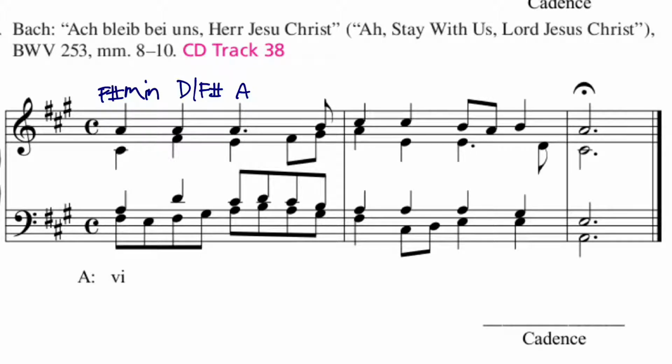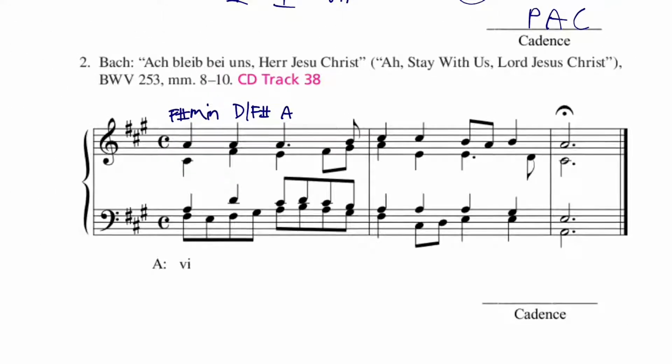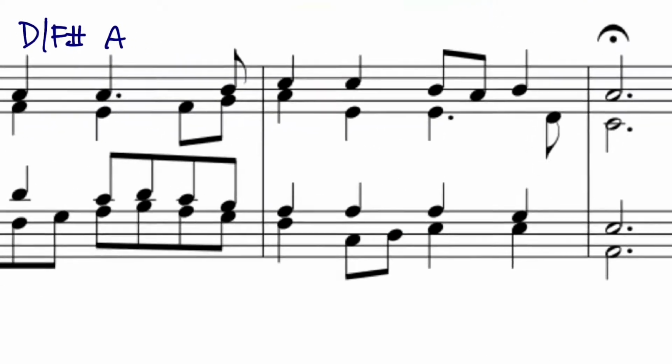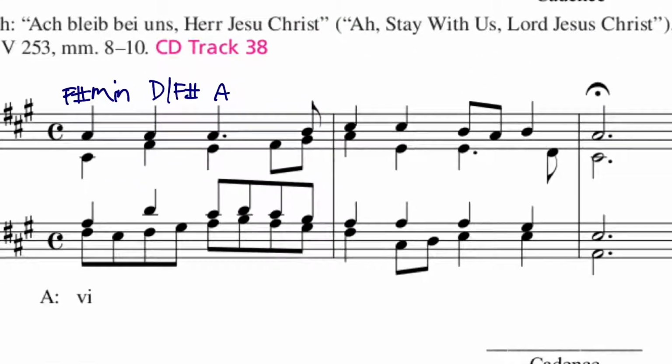Next we go F sharp, A, C sharp. Okay, so F sharp, A, C sharp makes sense. We already had that over here, so that's an F sharp minor chord.